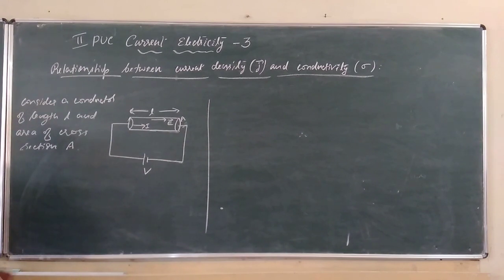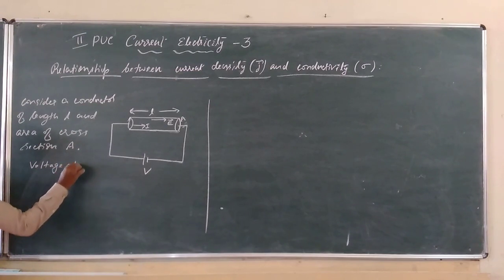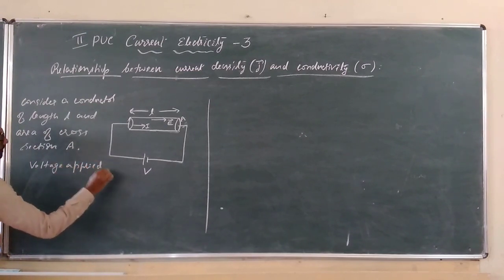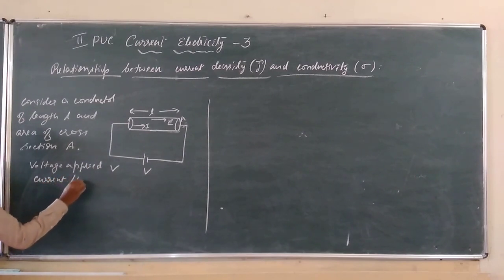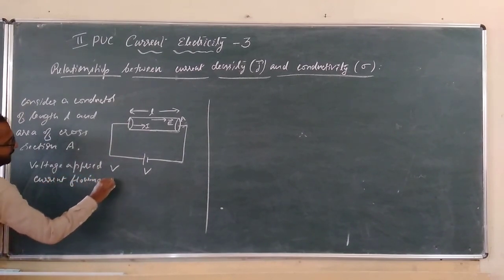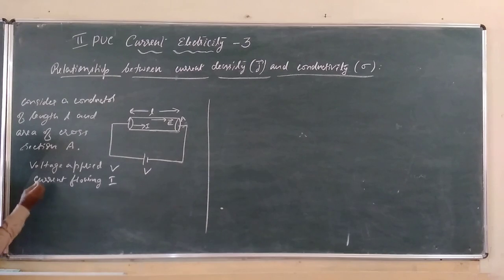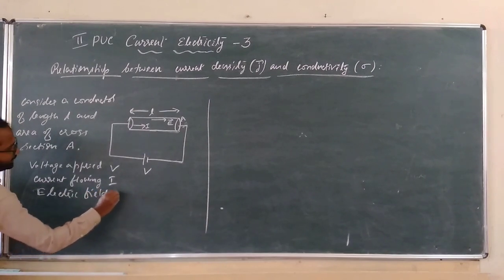Okay, consider a conductor of length L and area of cross section A. The voltage applied is V, the current flowing through the conductor is I, and the electric field generated inside the conductor is E.